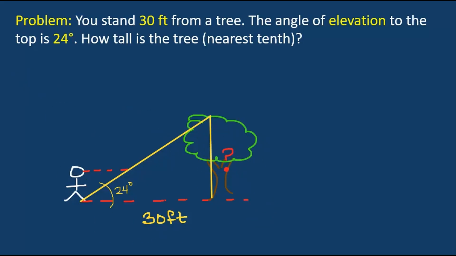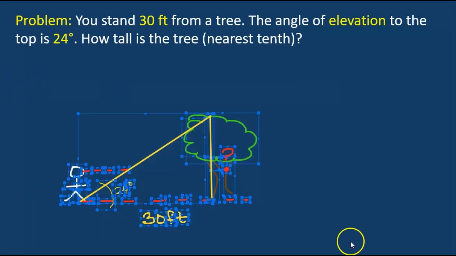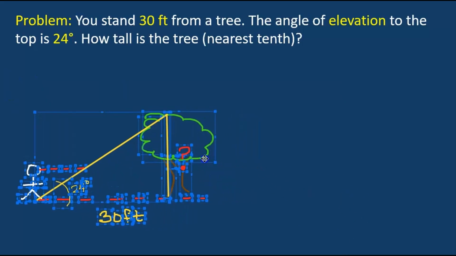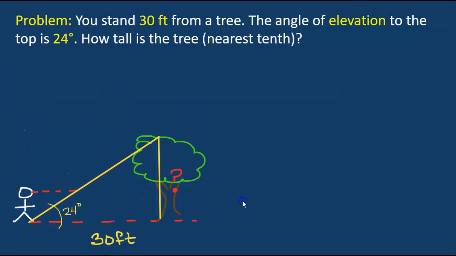Now that we have a really good drawing of this, and I'm going to move it over just a little bit, we're going to follow that up with a more simple triangle. So we're going to draw a right triangle that looks just like this, but over here.